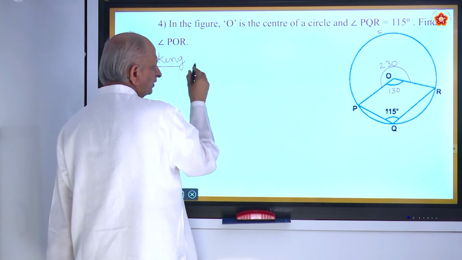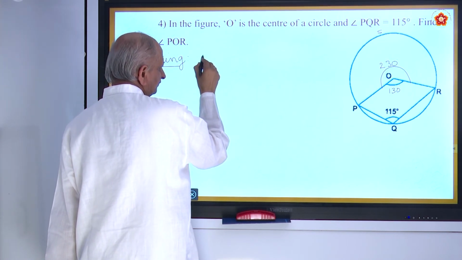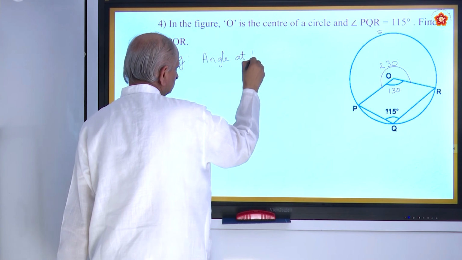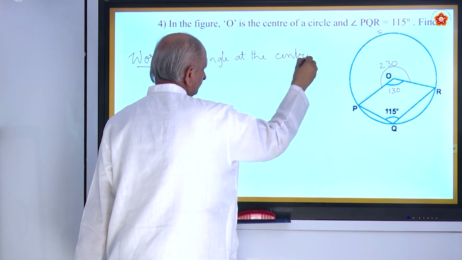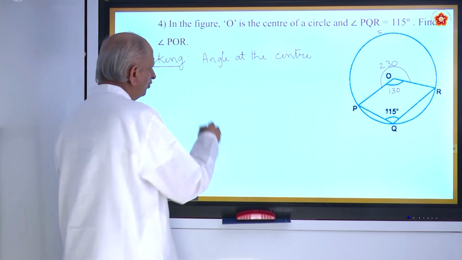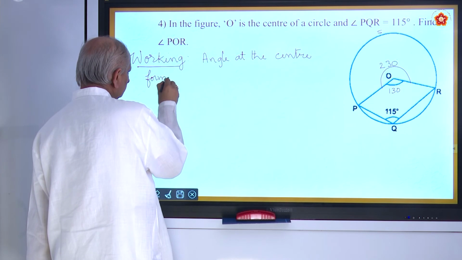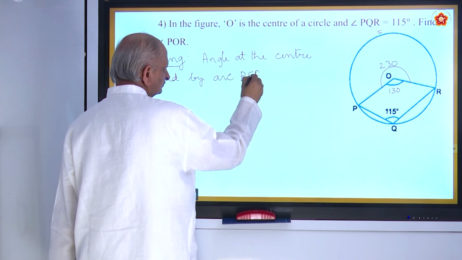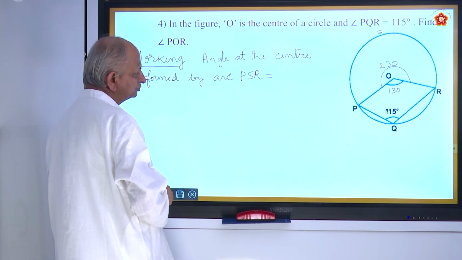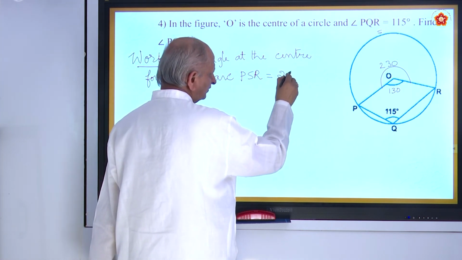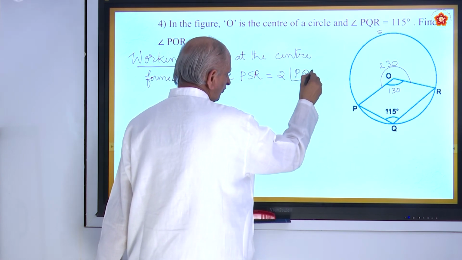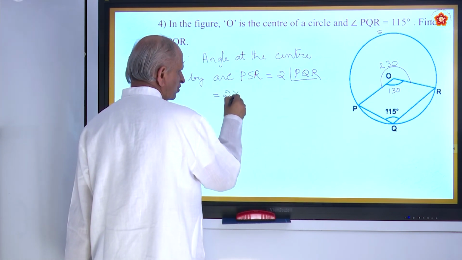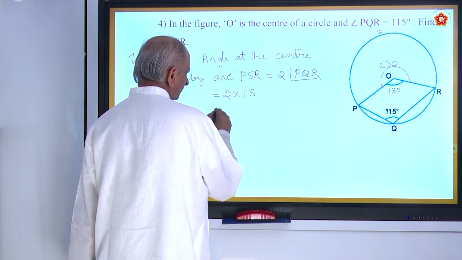So you can write it as: angle at the center formed by arc PSR is equal to 2 times angle PQR formed by the same arc at the circumference. That is 2 into 115. That is 230.